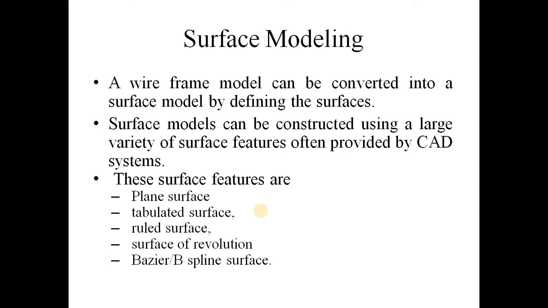Those surface features are plane surfaces, meaning two edges of a wireframe model can be joined together with a plane surface, or a tabulated surface or a ruled surface, surface of revolution, Bezier or B-spline surfaces. So these are the various surface features which are available in any CAD modeling software. We'll see these surface features one by one in detail.